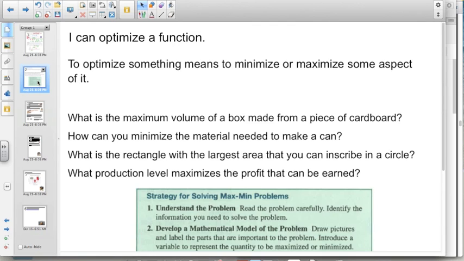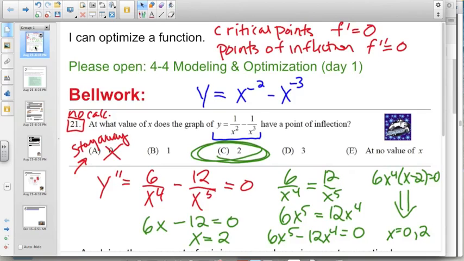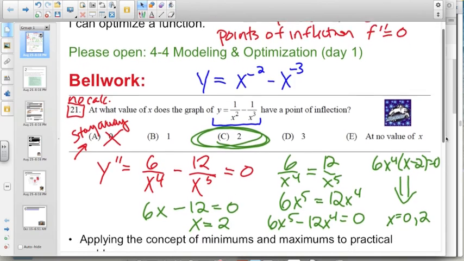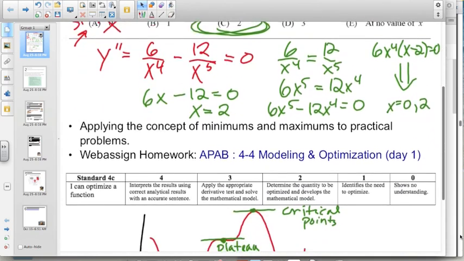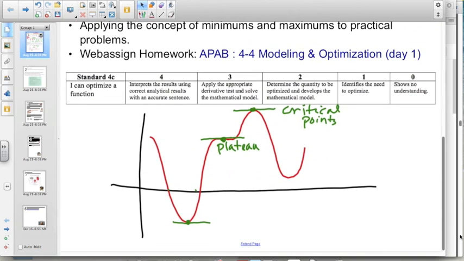If we pose that question, going back to this graph, what am I asking you to find? If I'm asking you to find how much a box could hold, a max, what do we call this point up here? What term did you give that just a few minutes ago? It's not really a mathy term. Yeah, it's a hill.